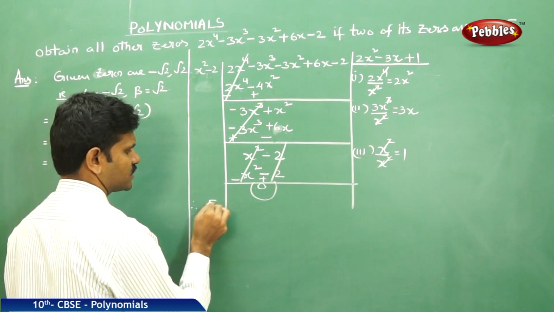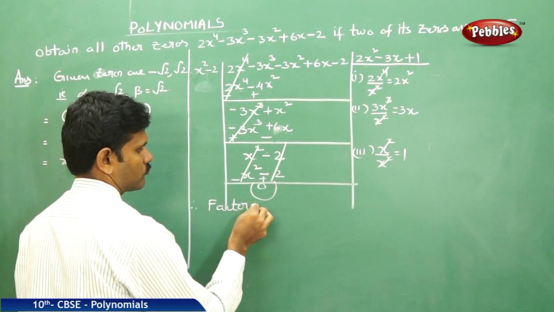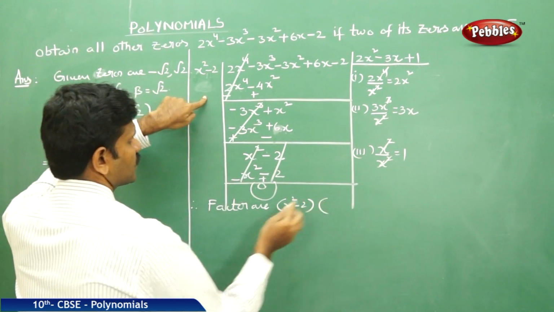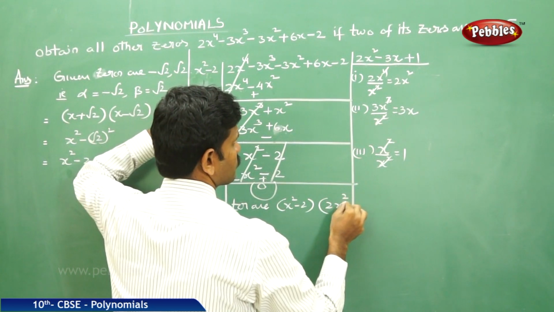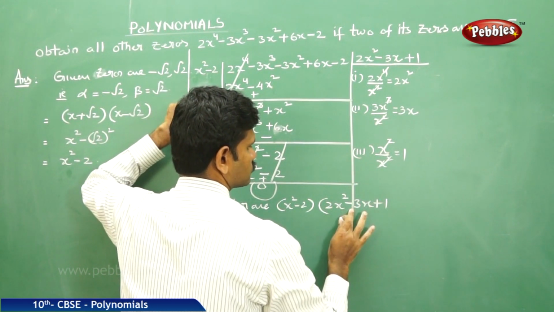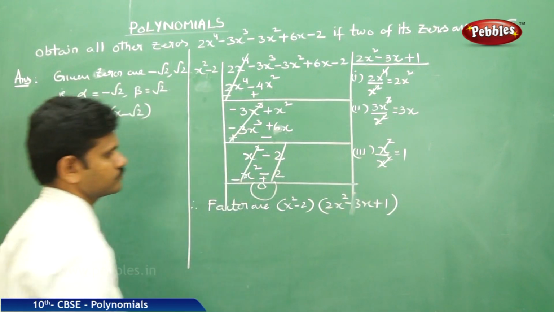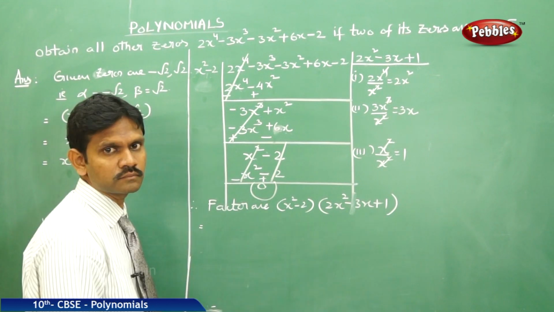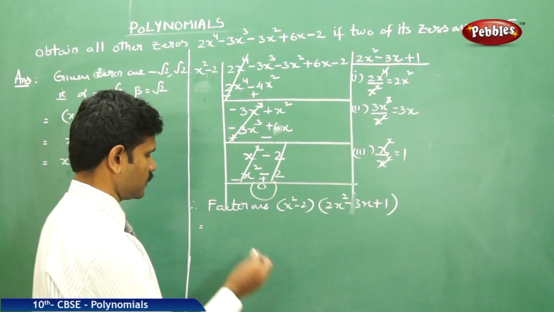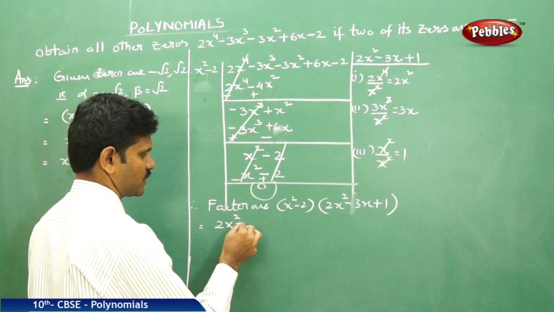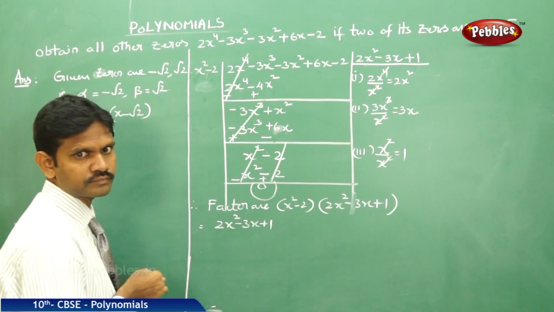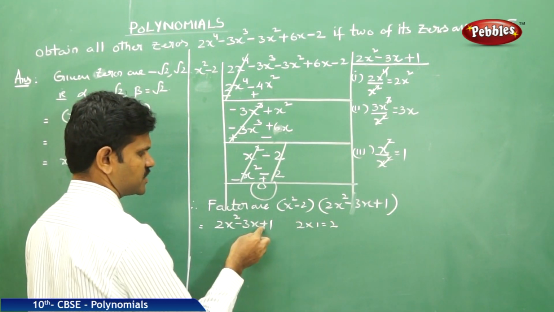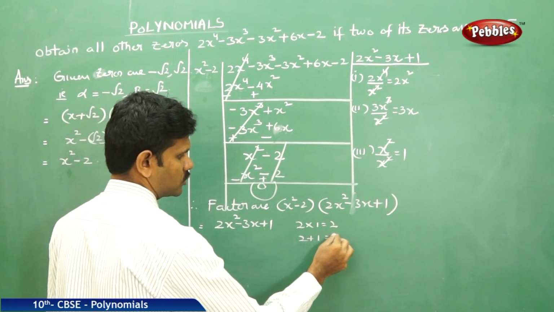Therefore the factors are x square minus 2 as one part, and the other part is 2x square minus 3x plus 1. Now let us find out the factors of 2x square minus 3x plus 1. 2 ones are 2, addition will give you 3, that is 2 plus 1 is equal to 3.